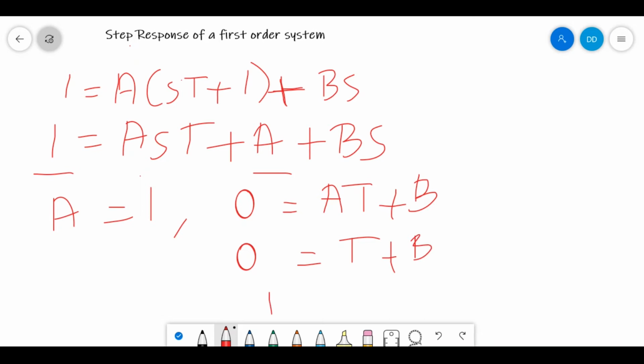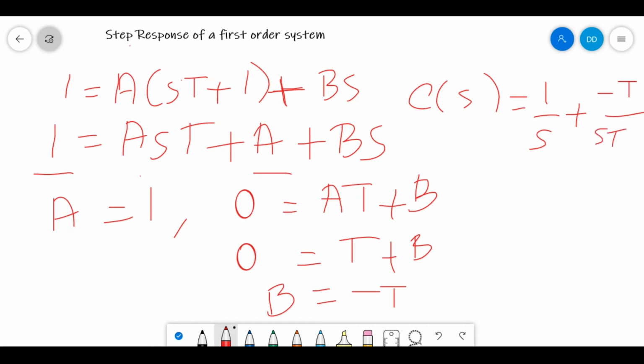So we have C of s is equal to 1 by s plus minus T divided by (sT plus 1). We will rearrange this denominator in the standard form so that this becomes 1 by s minus T divided by T into (s plus 1 by T).